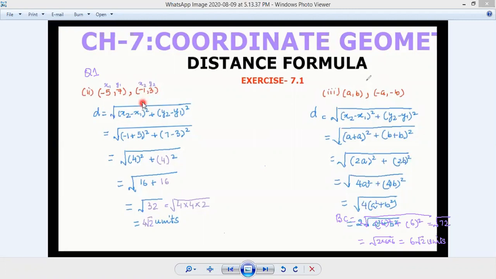Now there is a lot of confusion whether to subtract -1 from -5, or -5 from -1. So children, just take 1 minute. Out of these 2 values of x1 and x2, just find out which one is greater.